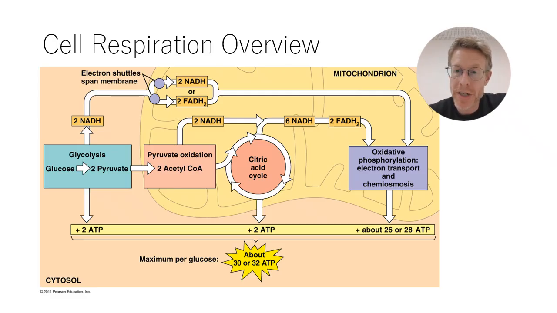Now, cell respiration actually starts outside the mitochondrion in the cytoplasm. You can see glycolysis there is the process. Again, you don't need to know the name yet. But the products of that first step of cell respiration pass through the two membranes of the mitochondria and enter the mitochondrion.